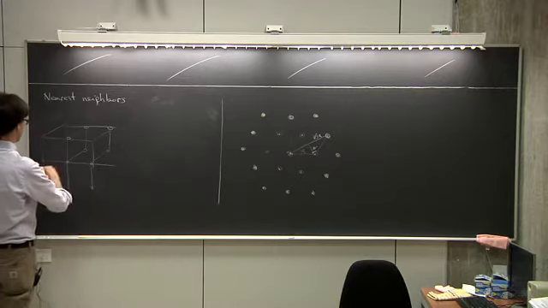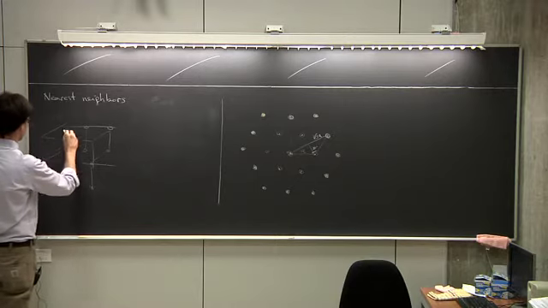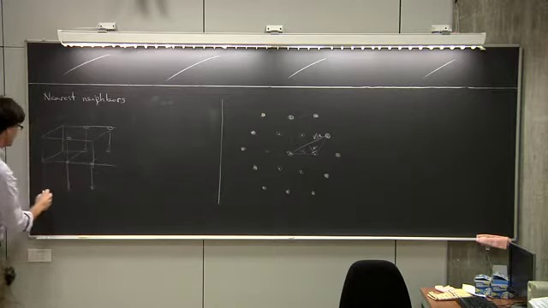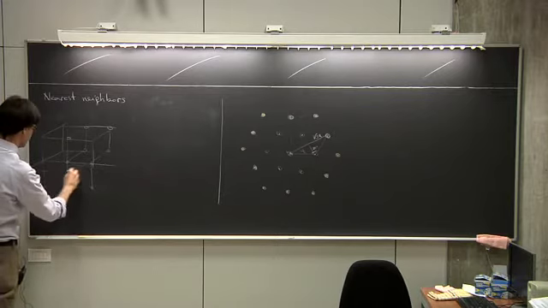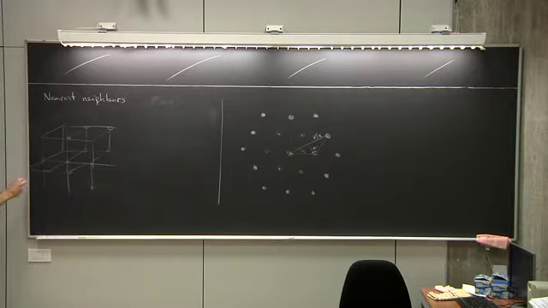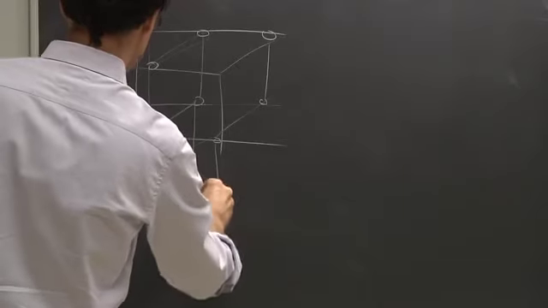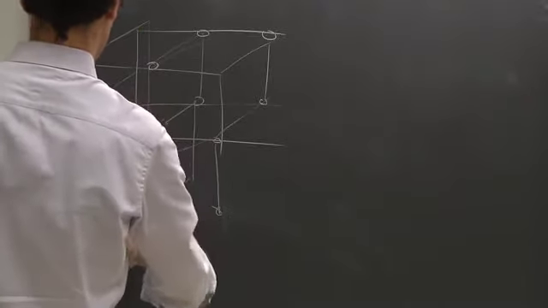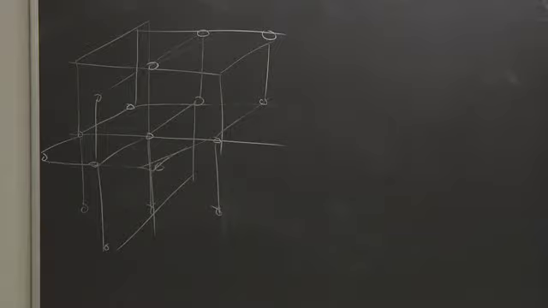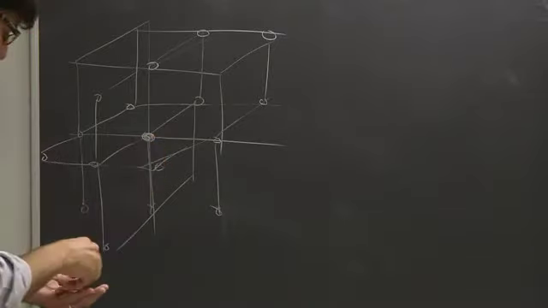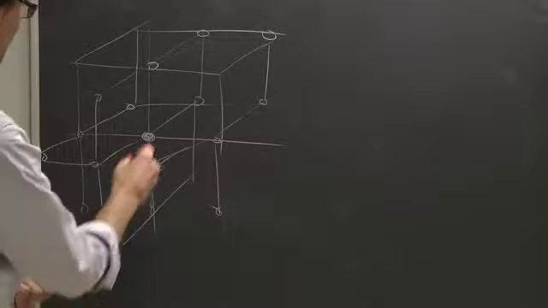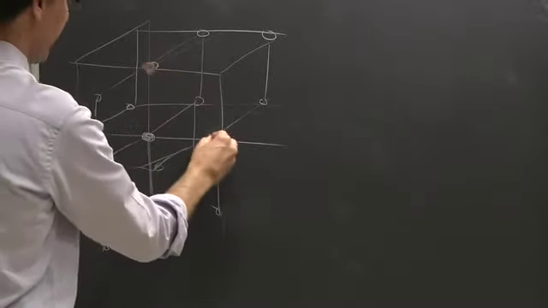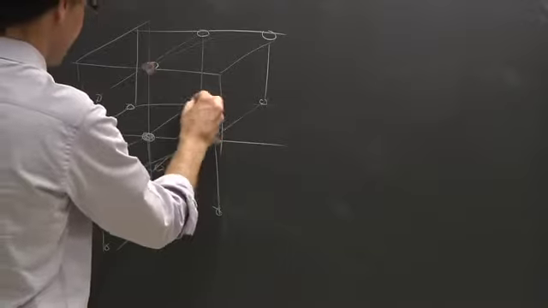Well, it's getting messy. I hope you can see it. Anyways, if you sit here, you're going to have the 6 points that are along the Cartesian axis, right?